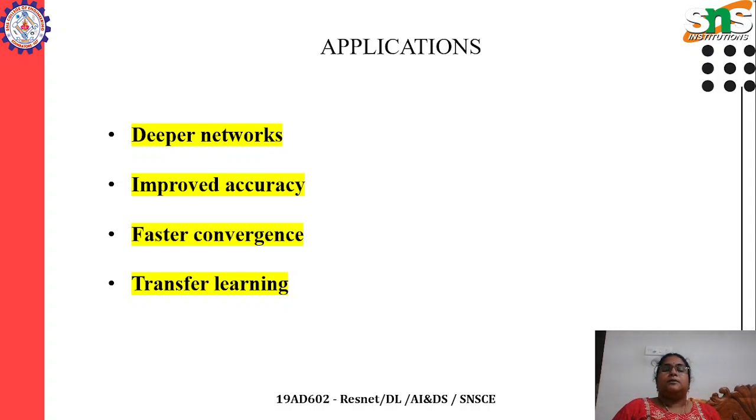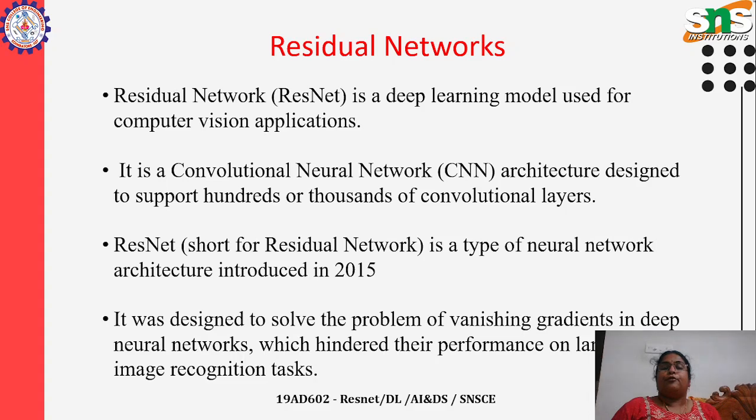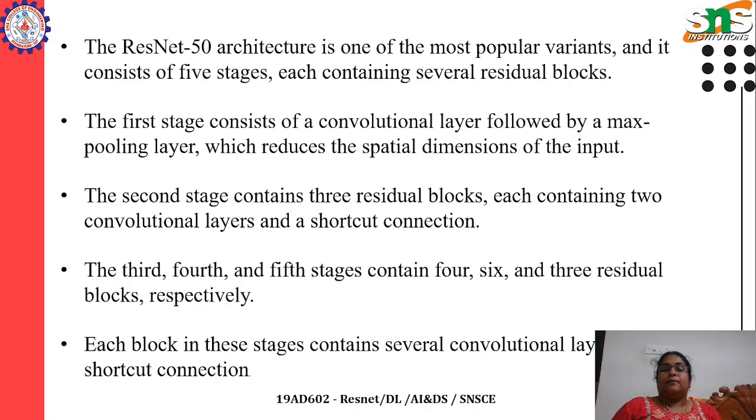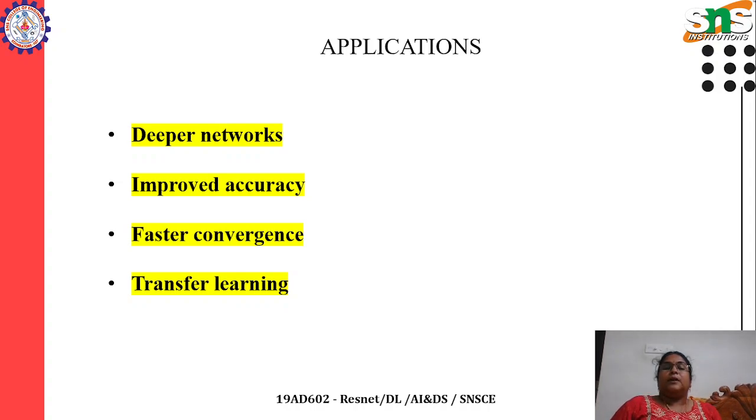ResNet is an important network architecture in convolution neural networks because it overcomes the drawbacks of the VGG network, which we have already discussed. The application of ResNet is mainly in deeper networks.